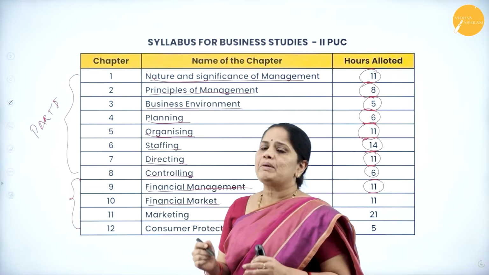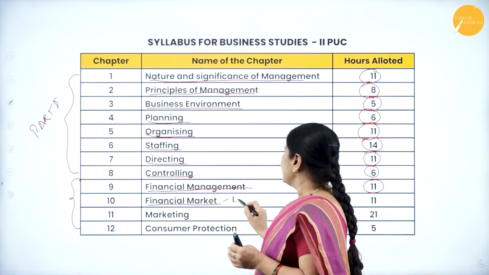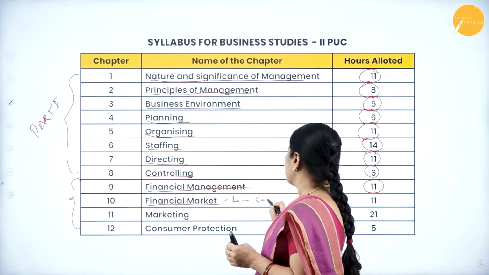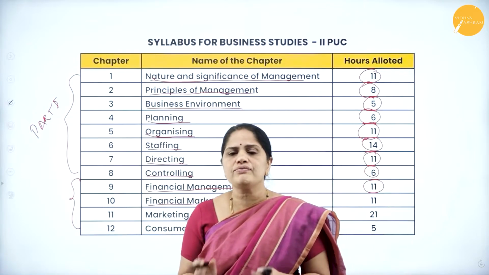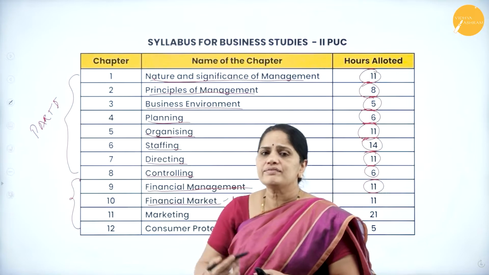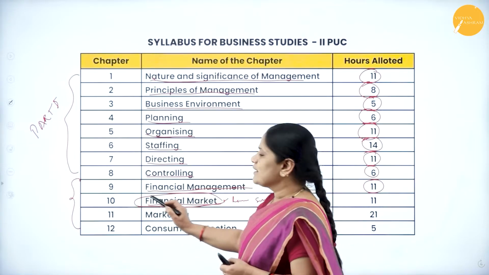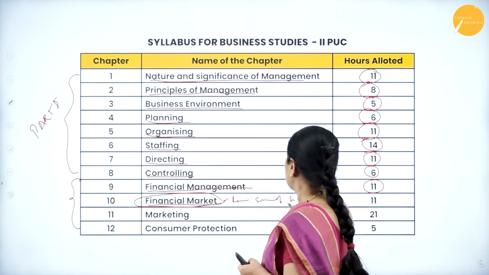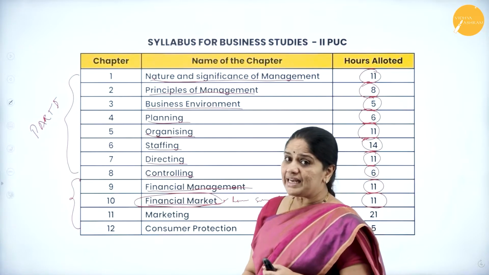A financial market is a place where you can acquire a source of finance. What is the source of finance for your business? How can you acquire finances from this financial market? This we will be studying in this 10th chapter, which will be discussed for 11 hours.